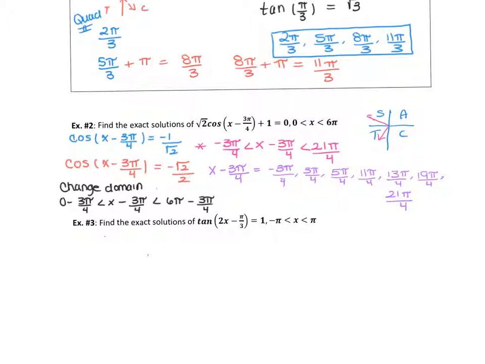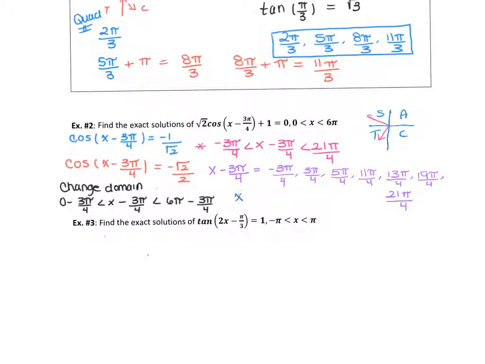So to get the correct answers, we have to add 3 pi over 4 to every single answer in purple, okay? So it both fits our domain and gets rid of that translation and just gives us what x is actually equal to. All right, so to get our final answer, we're going to be adding 3 pi over 4 to everything.